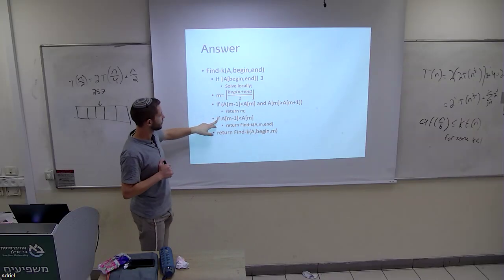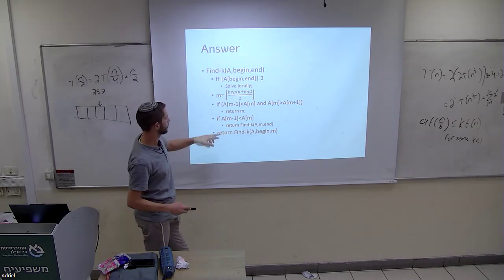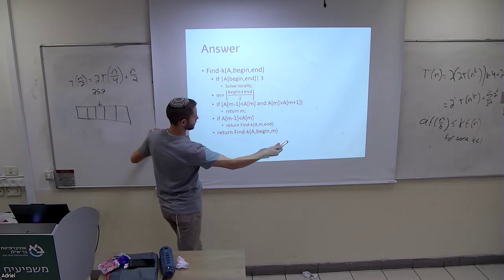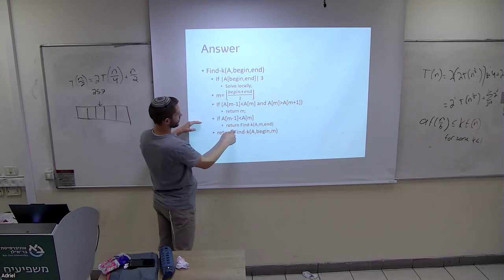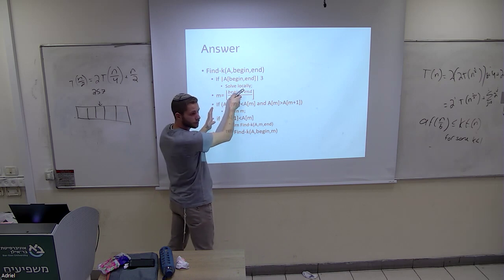Return our m. But if m minus 1 is smaller than m, then we'll just repeat recursively on the latter side, right? Because if the one before is smaller than the one after, then we know that it's somewhere here, because we know it grows bigger and bigger.